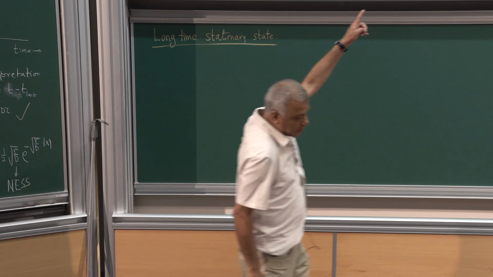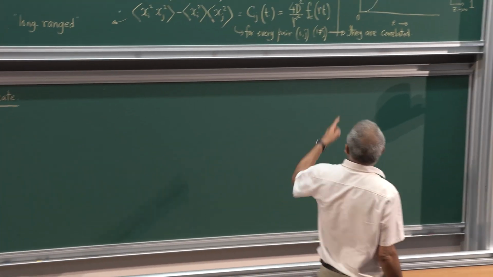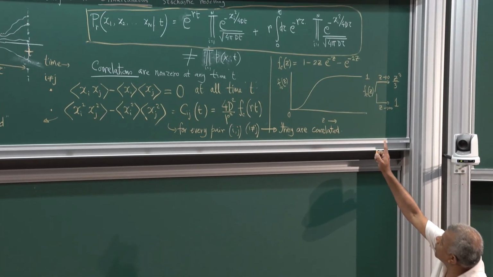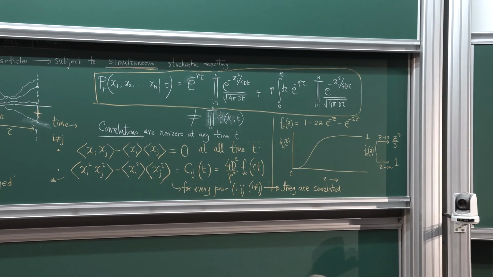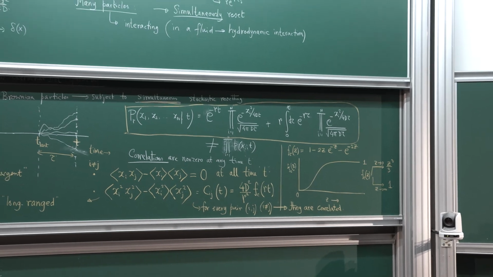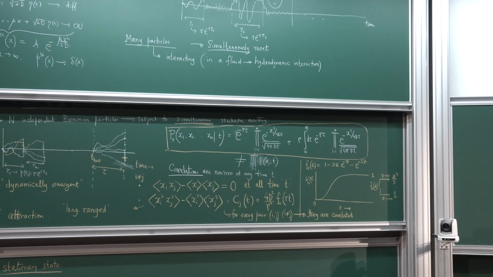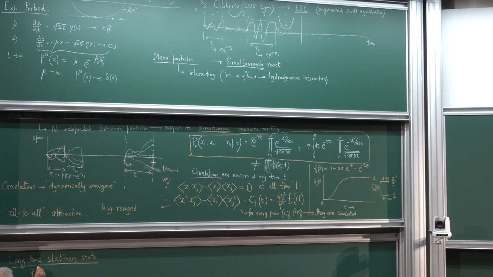So we have our key formula over there. I take the large time limit, so the first term again drops out, and the second term is just an integral. So we are stationary now.